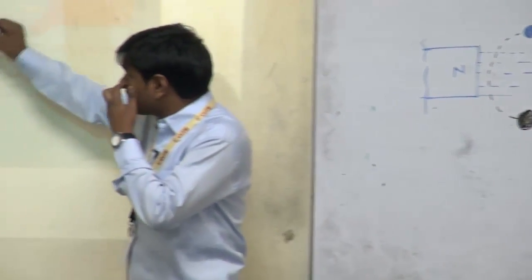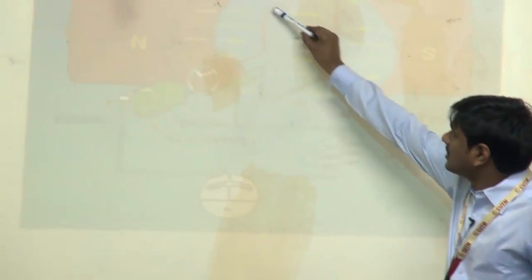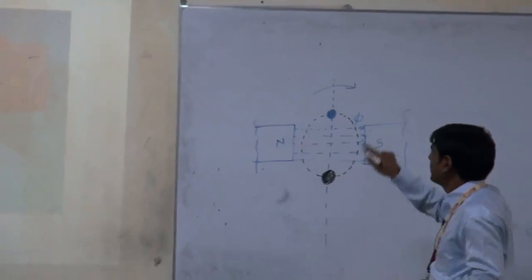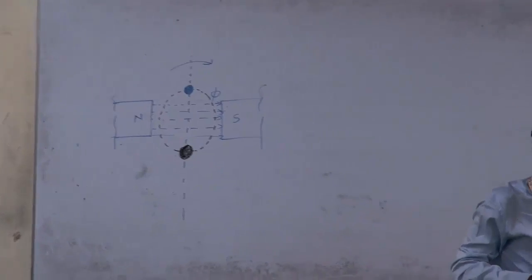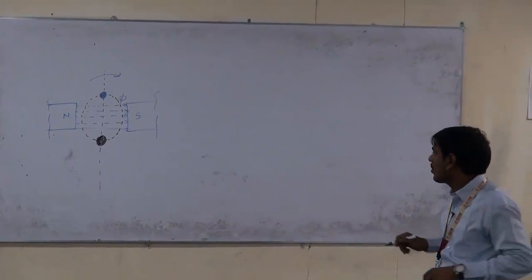So this is the bottom conductor and this is the top conductor. Here if you draw the axis, let us assume the coil is rotating in the clockwise direction.